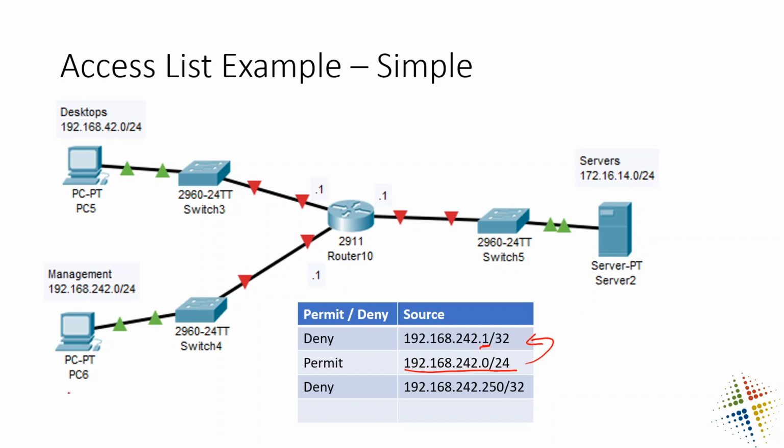So if this PC6 is, say, 192.168.242.12, and he sends traffic up, this access list starts from the top down, and it says, does it match this first line? And it's the wrong IP address, so it doesn't match that line. It's then going to say, does it match this line? And it is going to match that line because .12 is part of the /24 that's identified here.